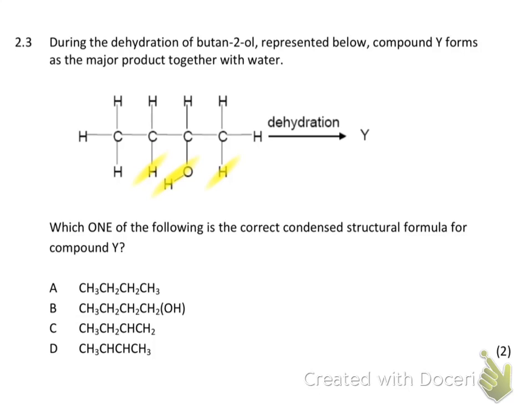If you remember, the rule says that the H will be lost from the carbon with the least number of hydrogens. The one on the left has got 2 hydrogens. The carbon atom on the right of the OH group has got 3 hydrogens. And so that means that the hydrogen will be lost from the carbon atom to the left of the OH group. And so the double bond will form between carbon 2 and 3. And that means that our correct answer is D.